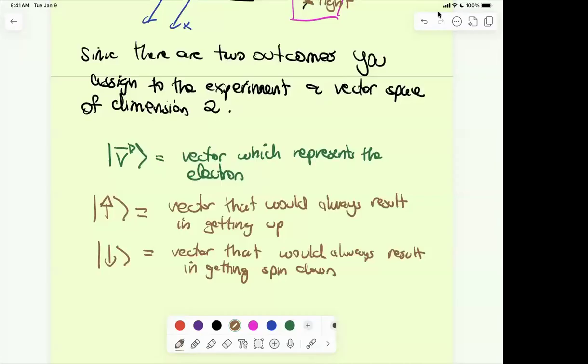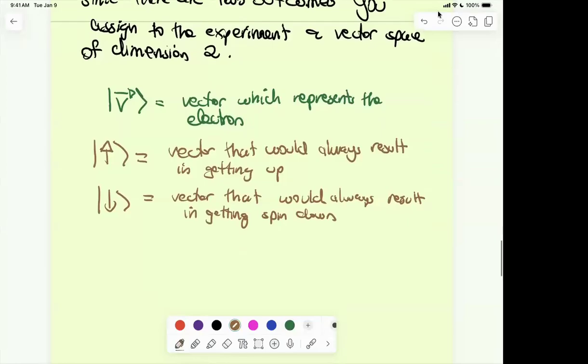And the idea is that any vector, these two form a basis for the vector space. So any vector is a linear combination of those two vectors: a coefficient times the first vector plus a coefficient times the second vector.